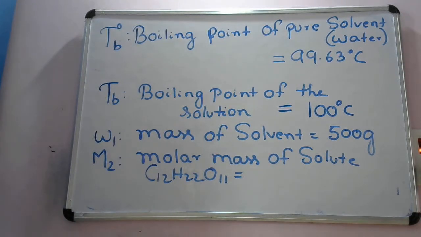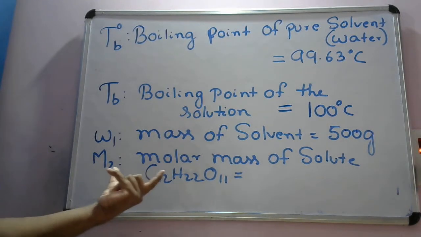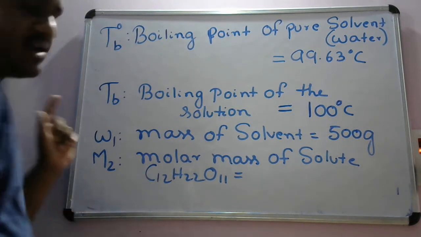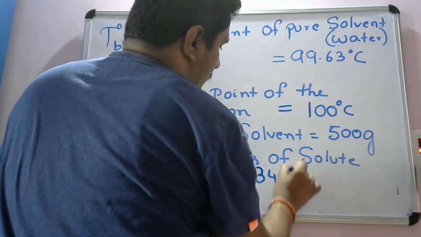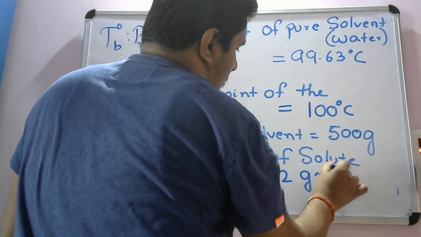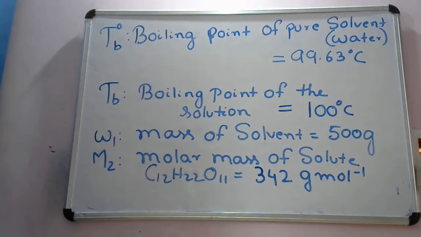By calculation, you will get the simple molecular mass. Molar mass means simple molecular mass, and when you calculate, you will get 342 gram per mole. So this is all the information that we have written.